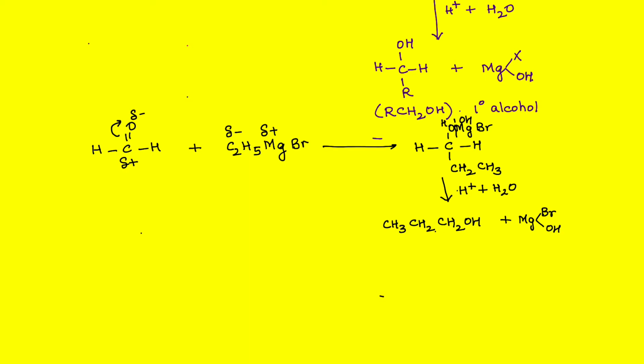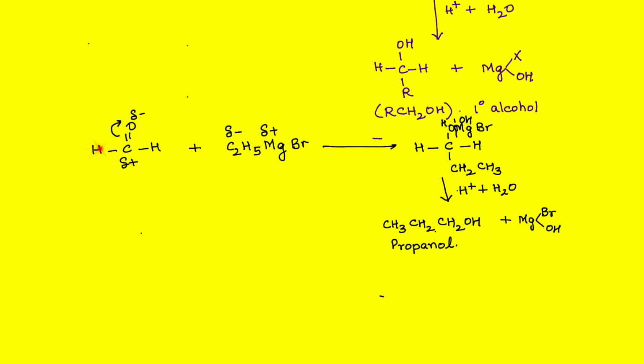What do we get? Yes, of course, you get here CH3CH2CH2OH. So what product have you got here? Yes, it's propanol or propyl alcohol according to the common system and propanol according to the IUPAC system.